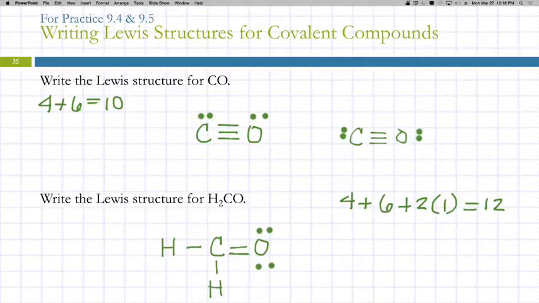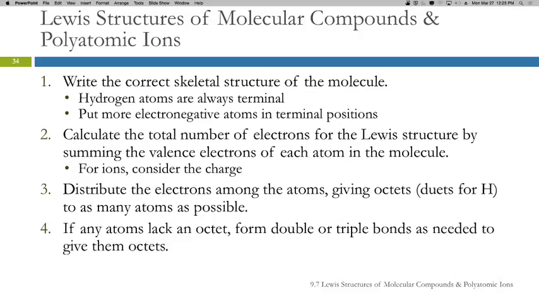Any questions? Yes? Can you say one more time why carbon is in the middle? That's okay. So why again is carbon in the middle? So let's go back and look at the directions here. When we're writing the skeletal structure, put more electronegative atoms in terminal positions. So the terminal position is like on the outside.